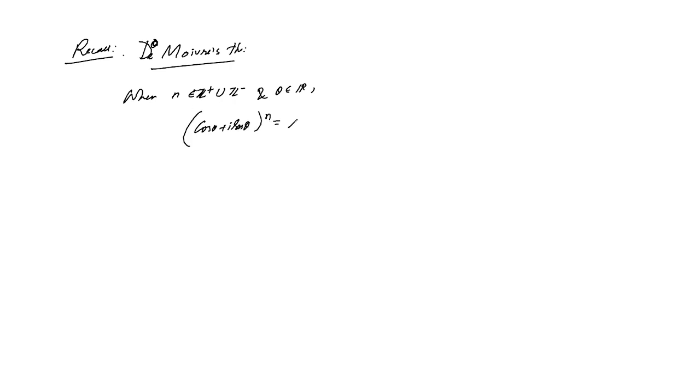This will be cos n theta plus i sin n theta. But if n is a fraction, either positive or negative, that means when n belongs to Q plus, the set of all positive rationals, or Q minus, the negative rationals, and theta is a real number, then we can't write an equality symbol.